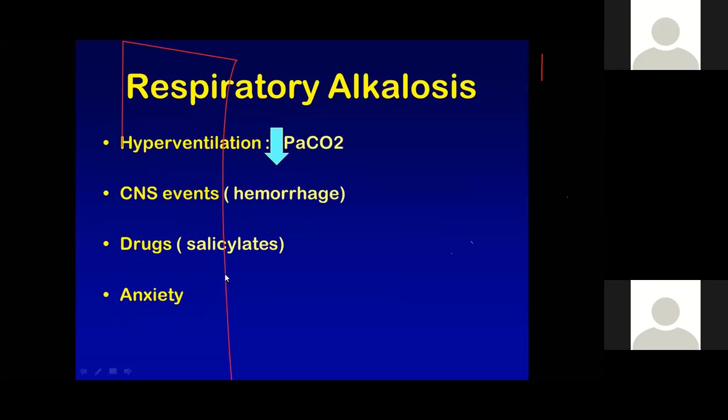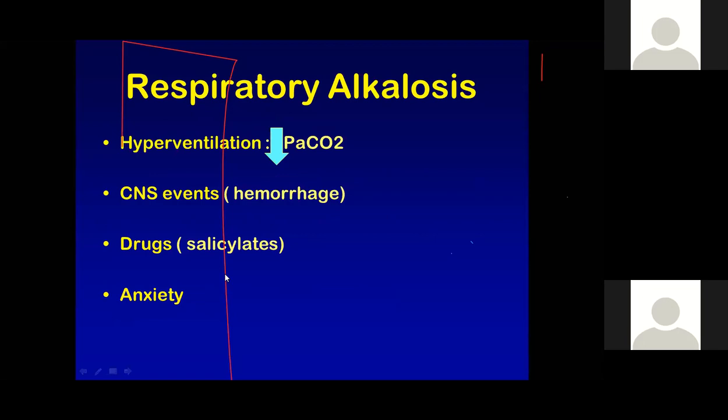Now, what are the causes of respiratory alkalosis? That means that the carbon dioxide is washed out. When a patient comes with an increased respiratory rate, he is throwing out all his carbon dioxide. The first example is hyperventilation.